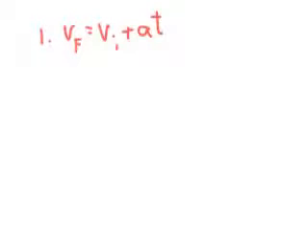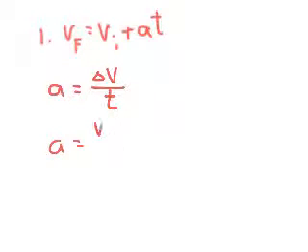This first equation is really just a restatement of the definition of acceleration. If you go back to our notes a week or so ago, our definition for average acceleration, a equals delta v, or change in velocity, over time, where change in velocity, or change in anything, is the final value minus the initial value.